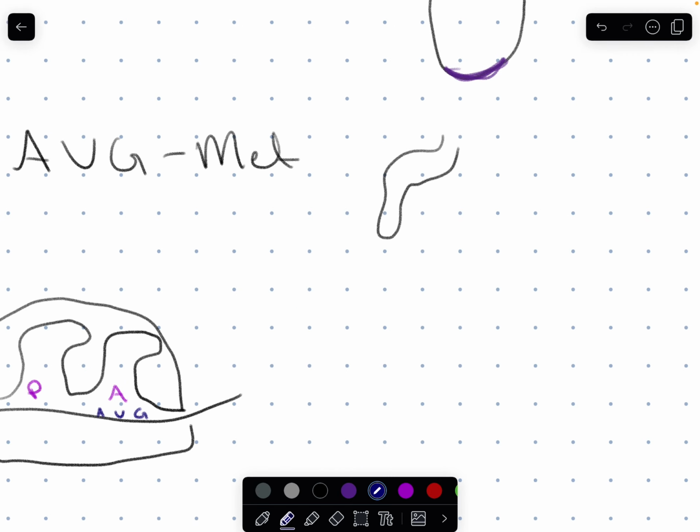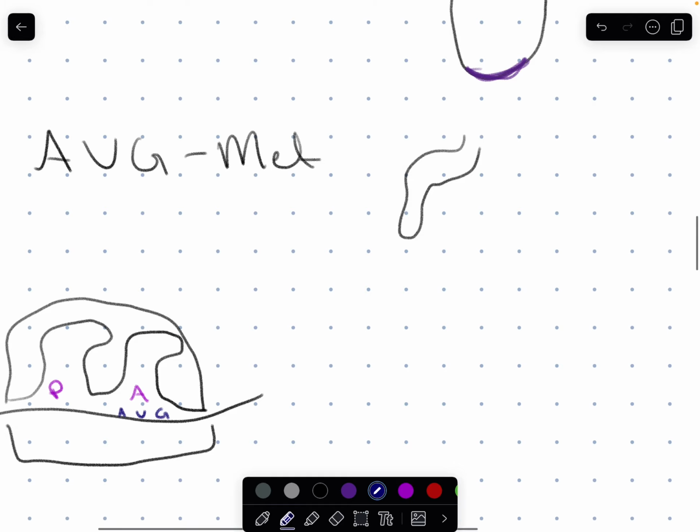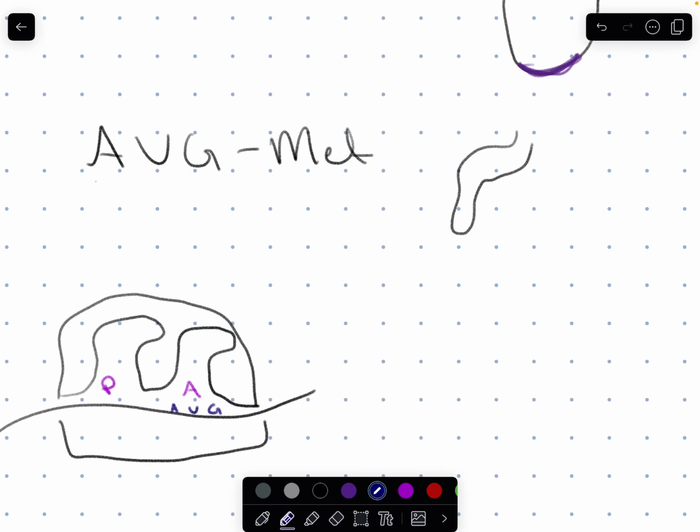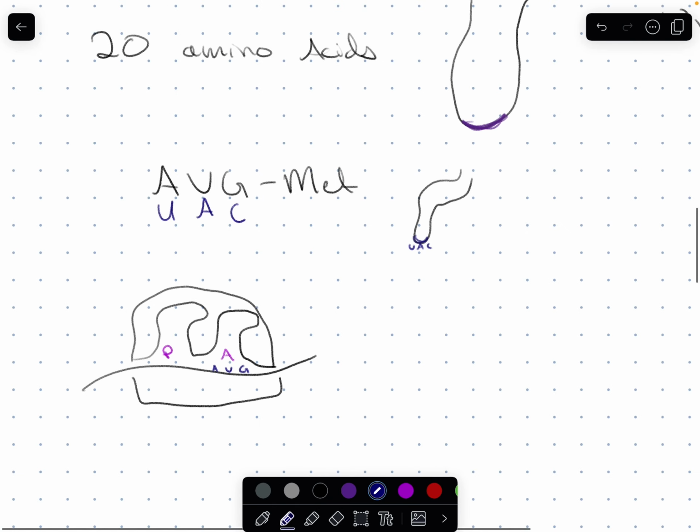And our tRNA here is going to have its anticodon. So the opposite of A is going to be U, the opposite of U is going to be A, the opposite of G is going to be C. So it's going to have U, A, and C on our anticodon end there. And then what is it going to have on our amino acid end? Well, we know that the start codon, AUG, gives us methionine, and so that is going to go on this end of our little tRNA.